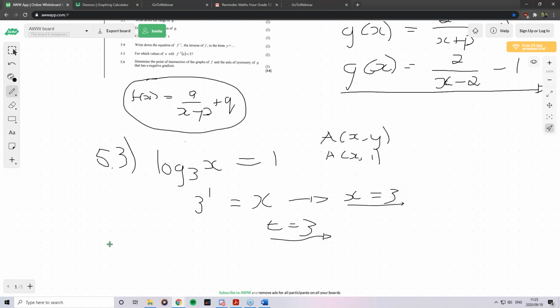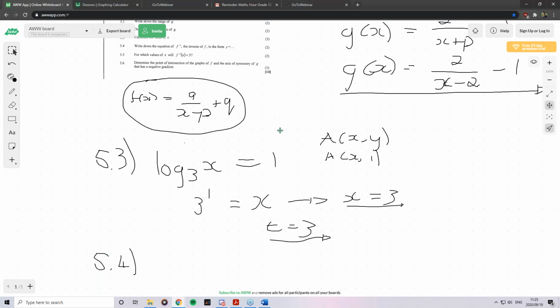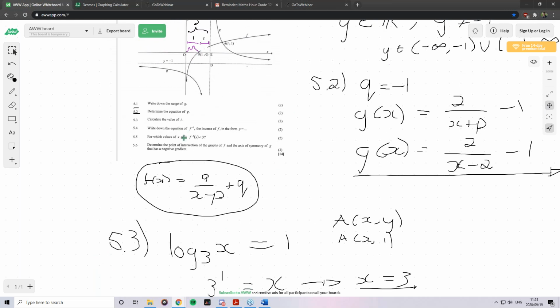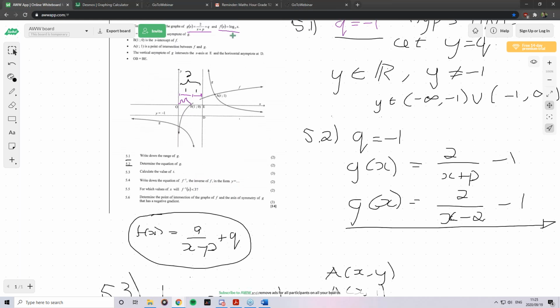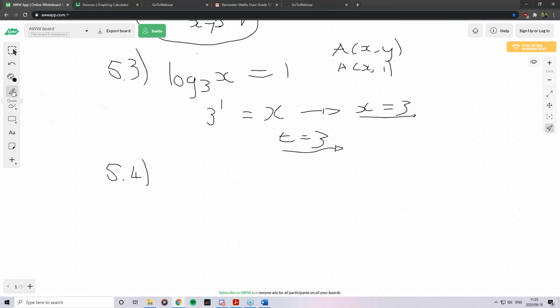Now question 5.4, they say, write down the equation of the inverse of f in the form y is equal to something. So we have f(x) is log base 3 of x. Let's write that down first. Now, what is the inverse? There are two methods you can do it.